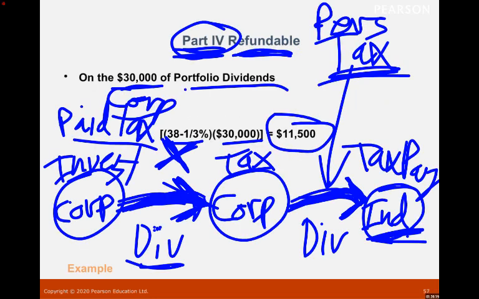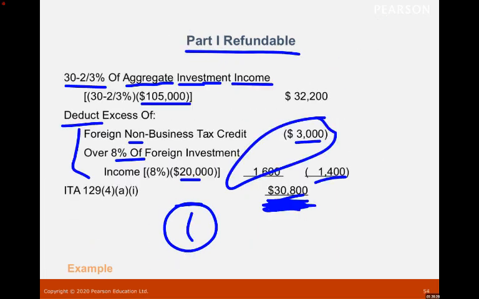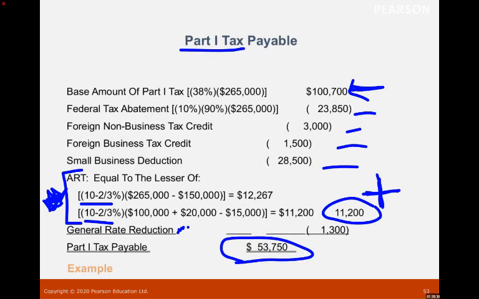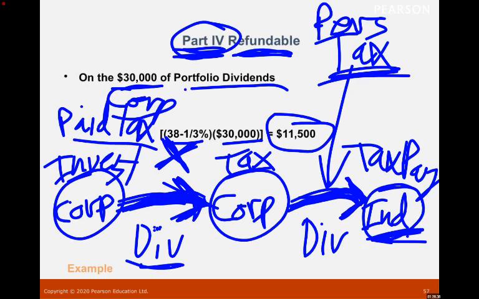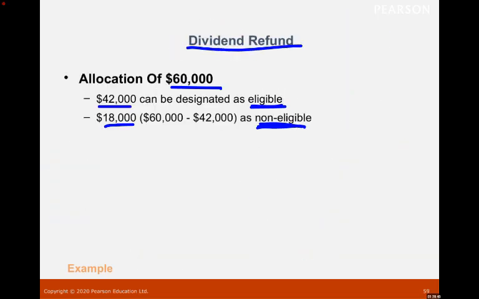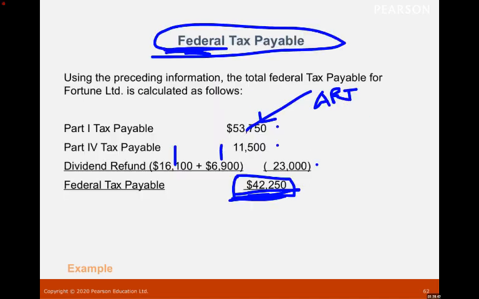So we picked 30 there. That was our Part 4. Yeah. So our ART ended up being 11,200. So if you look at this, really what I was trying to get at here, all the way back to the end, inside of there, I believe we had 11,200.